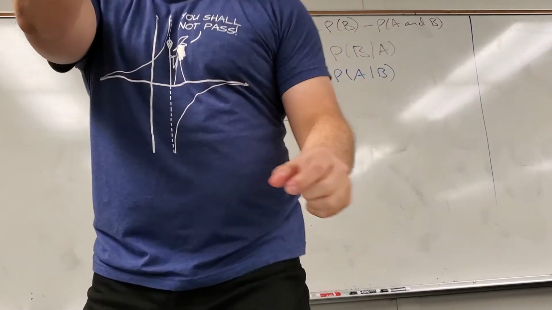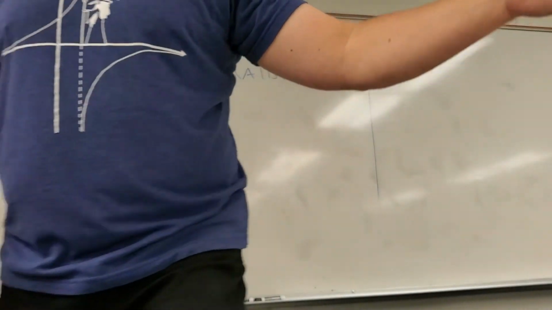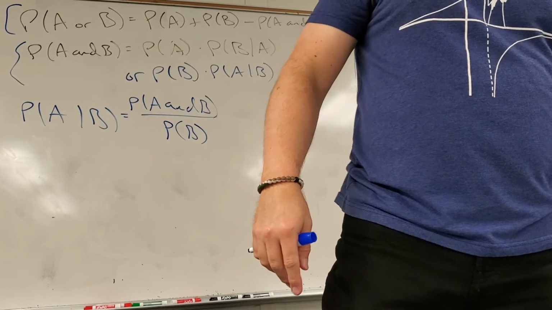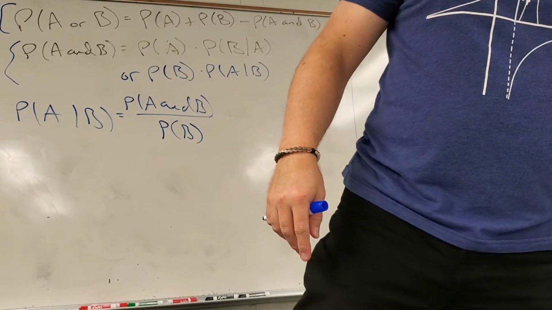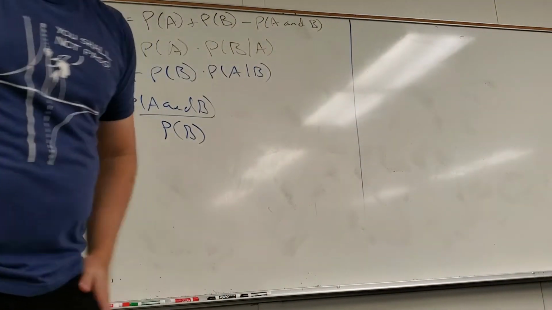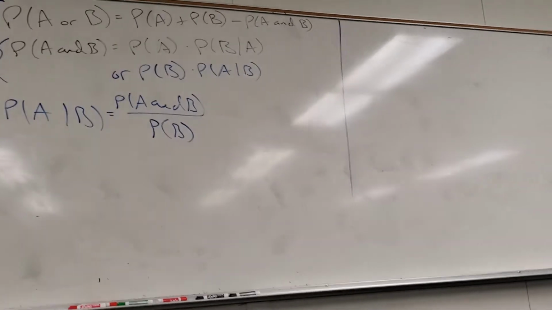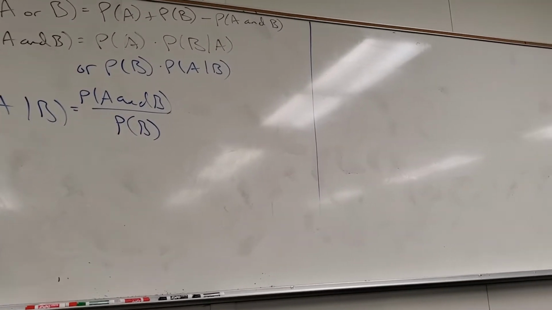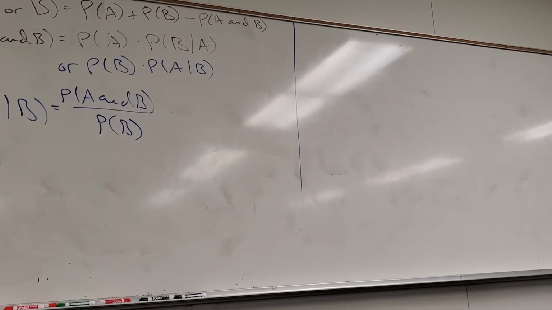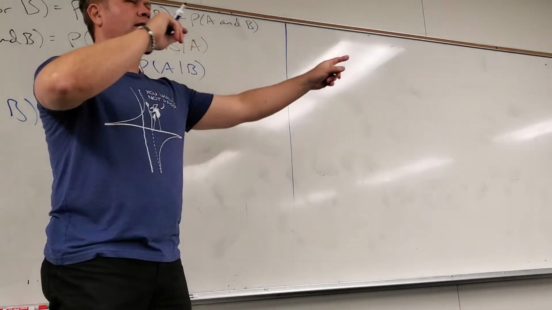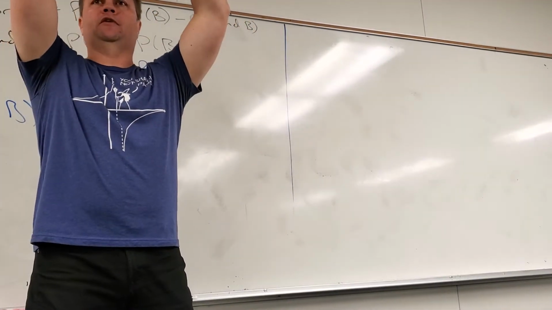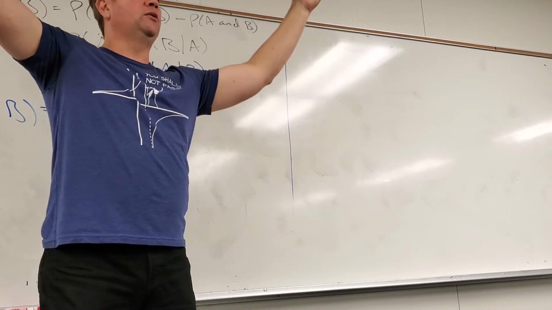So let's talk about independent for a minute. What does it mean for two things to be independent? There's this problem, I think we looked at it last time, the problems where the very first statement is these two are independent, right?